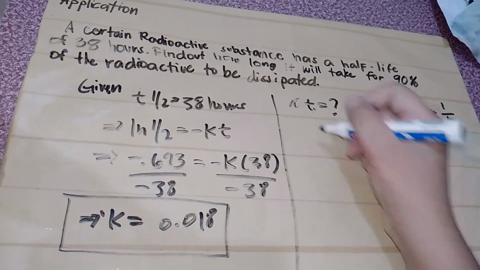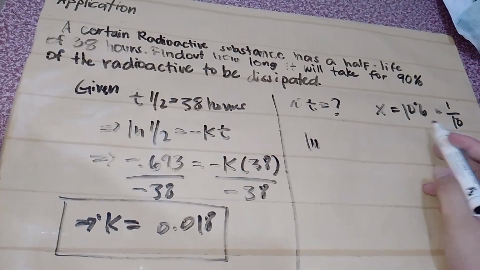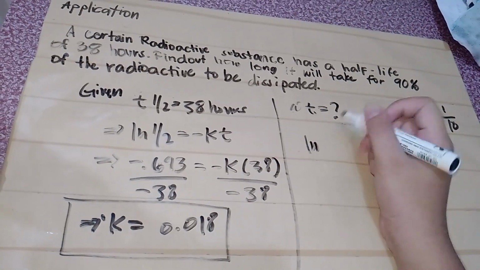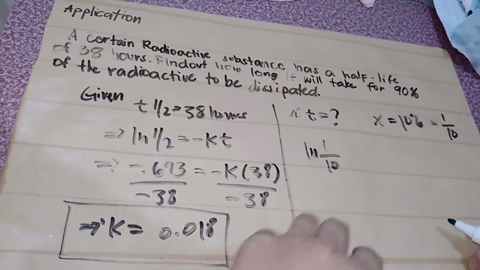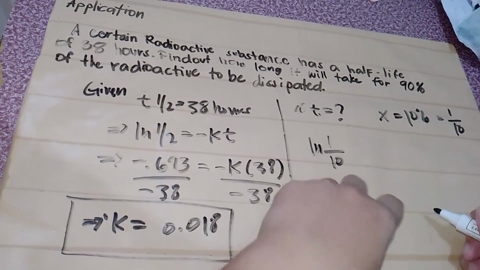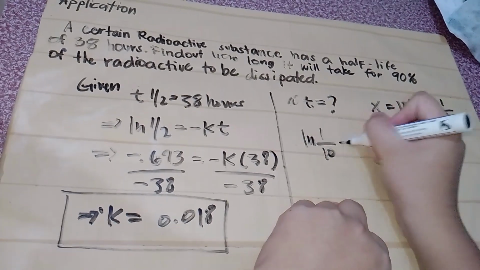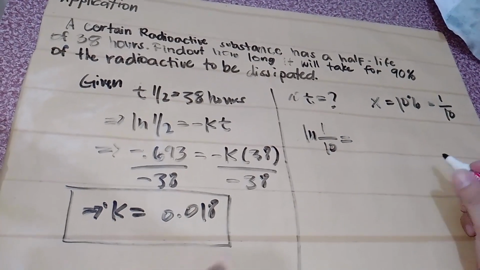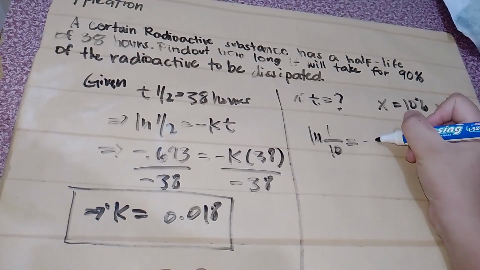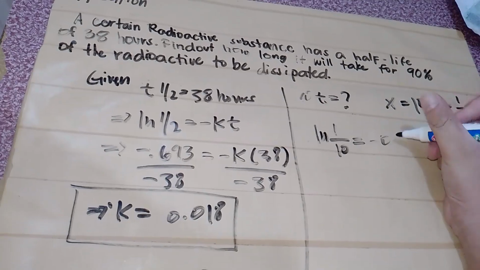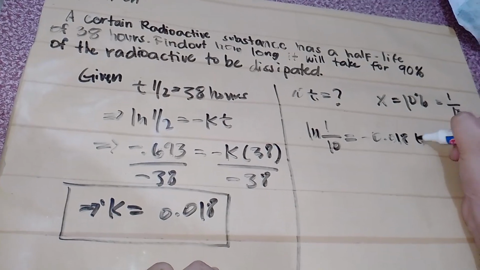Using our formula, the ln, so earlier it was 1/2. Now, what remains is just 1 over 10. So ln of 1 over 10, because this is what remains and we are looking for how long it will take for 90% of our radioactive substance to be used up, is equal to the value of our k, which is negative 0.018, and what we are looking for is t.